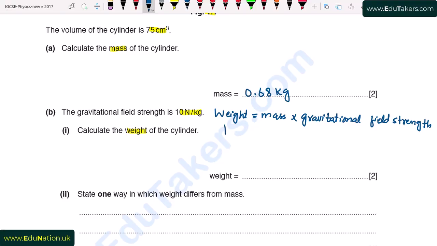In symbolic form, I write W is equal to M cross G. Mass we already calculated in part A, which is equal to 0.68. So I write here 0.68 multiplied by the value of G, 10 Newton per kilogram. So the value of weight comes to be 6.8 Newton. So weight is equal to 6.8 Newton.